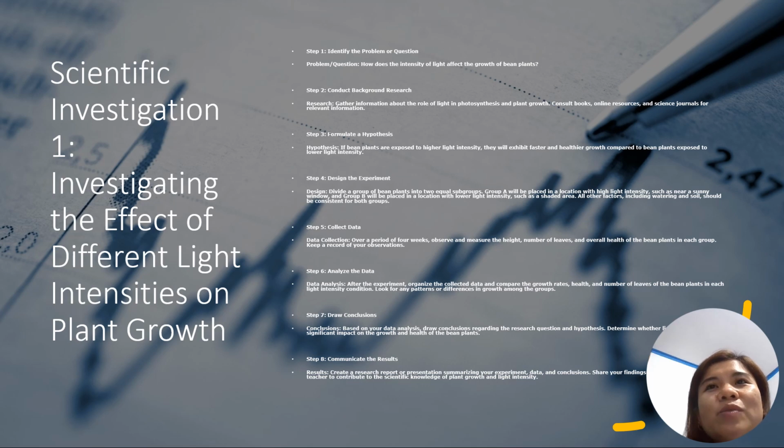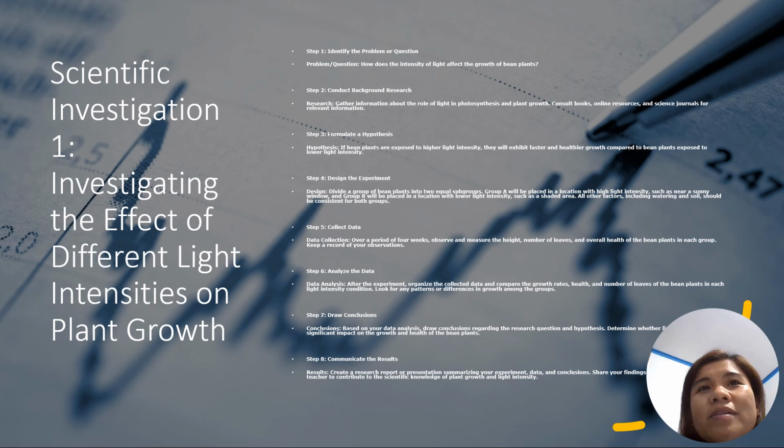Then in this step as well, you have to determine the control group. Group A is the experimental group and group B is the control group.